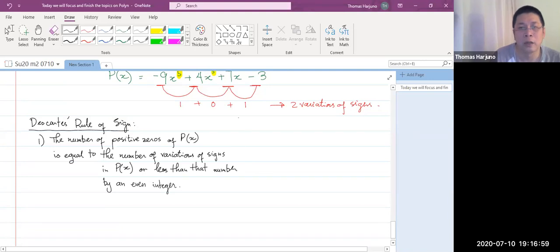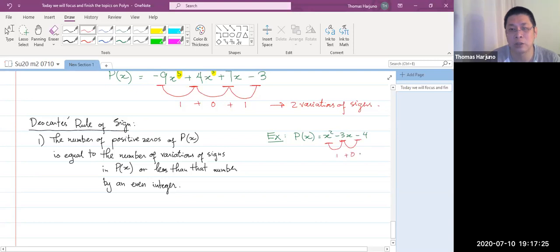Okay, let's do a little example to explain what it says. Suppose my P(x) is x squared minus 3x minus 4. Now, how many times does the sign change here? Degree of 2, it changed one time. It doesn't change here, right?